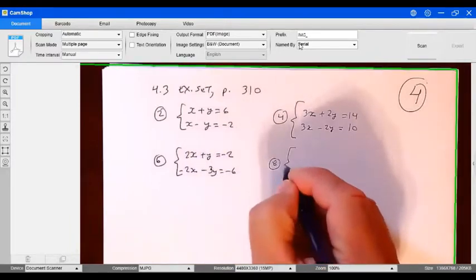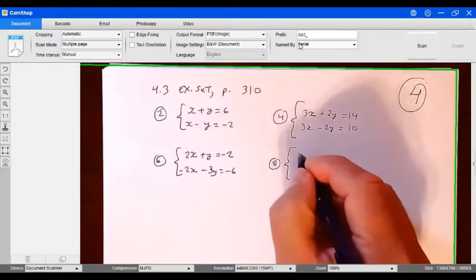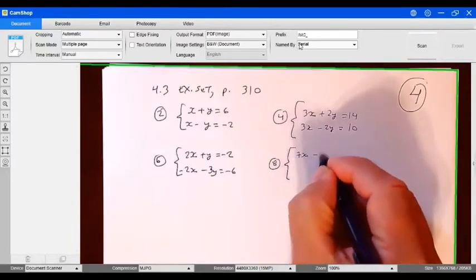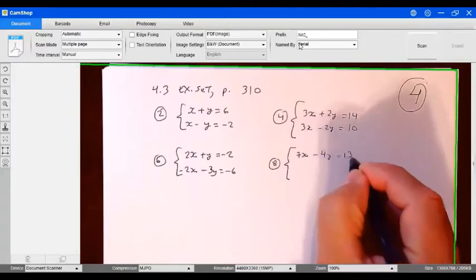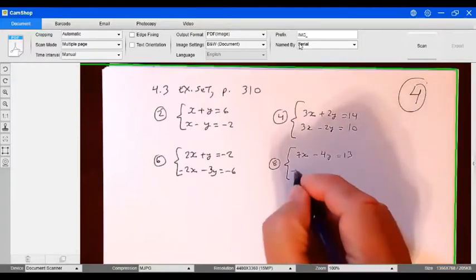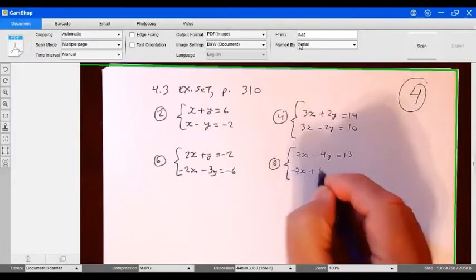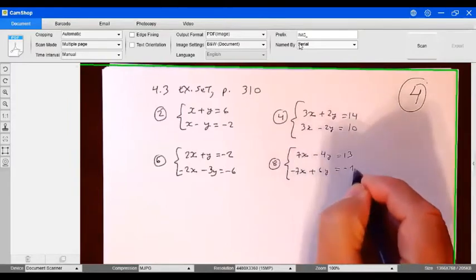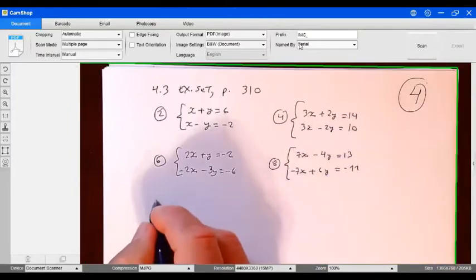Then problem 8, we have 7x minus 4y equals 13, negative 7x plus 6y equals negative 11.